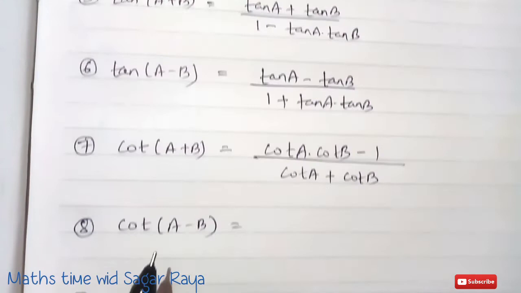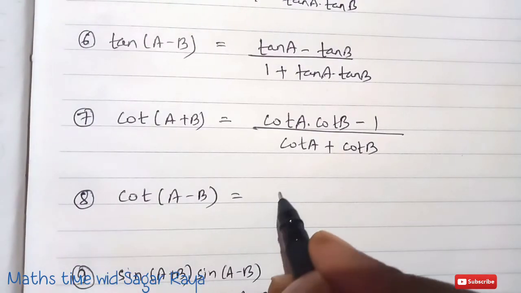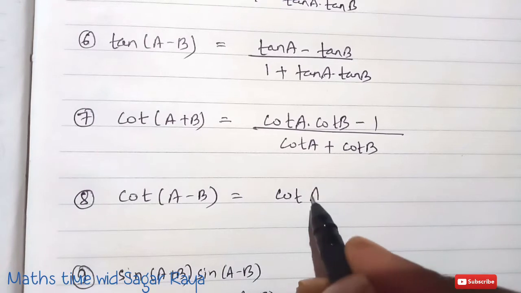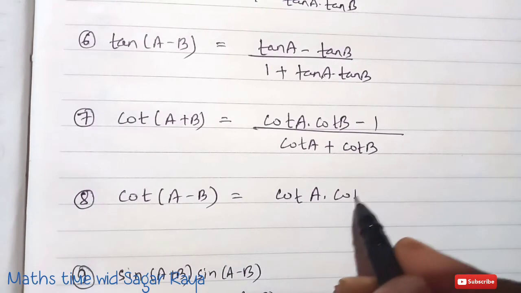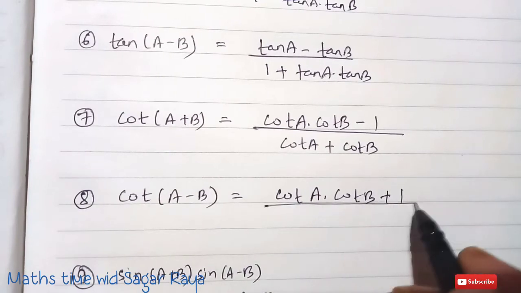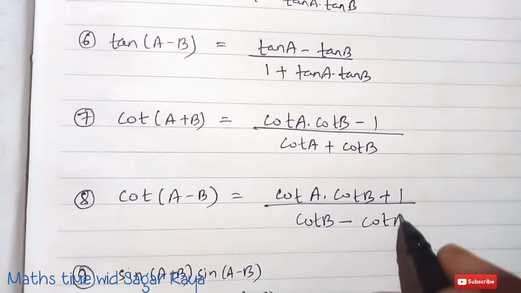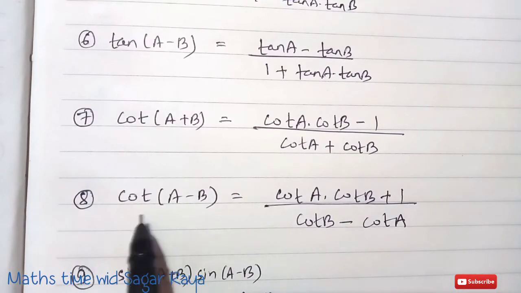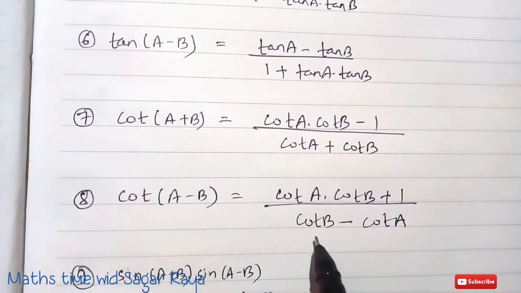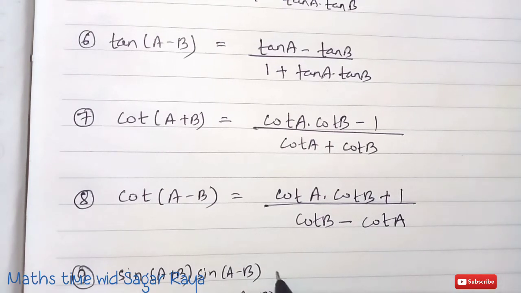And similarly, the formula of cot a minus b is cot a dot cot b plus 1 whole divided by cot b minus cot a. So we have to remember, if there is cot a minus b, the denominator will be cot b minus cot a. So this thing you have to remember and keep it in your mind.